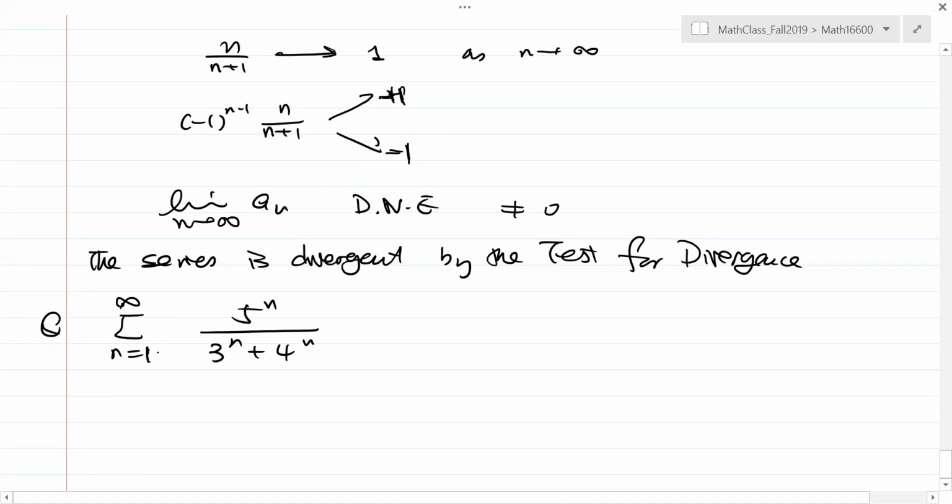If you prove something's convergent, most of the time you can even find the sum, okay? This is divergent. Can you see that?